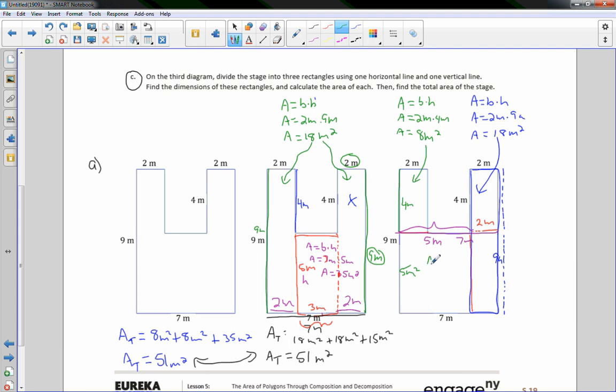So the area of this piece, let me change colors. So I've used red here. The area of this piece is base times height. The area equals the base, which was 5 meters, times the height, which is 5 meters.